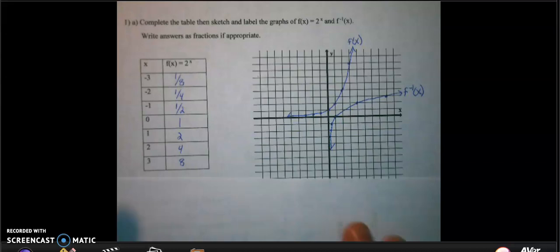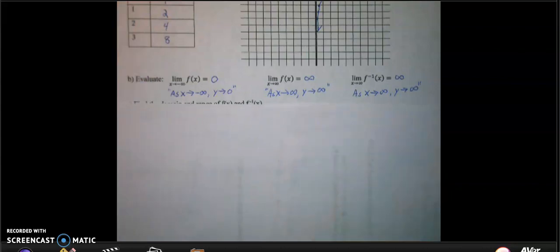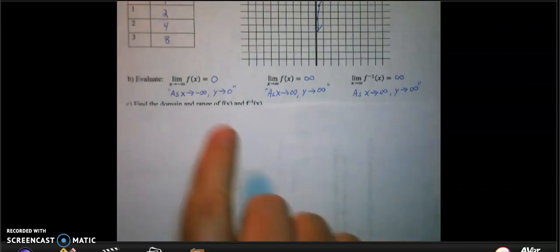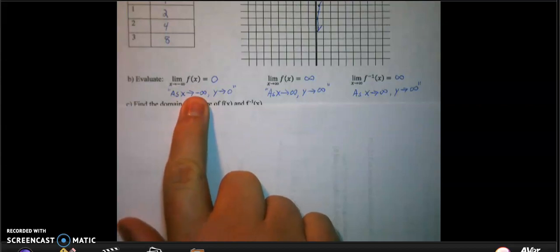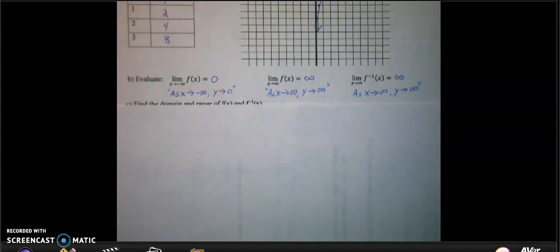And then for the other limit questions, pause the video if you need to. I'm going to show you the answers. And I also put the other notation you can use. As x approaches -infinity, the y value approaches 0. And you can see it's similar for the others.